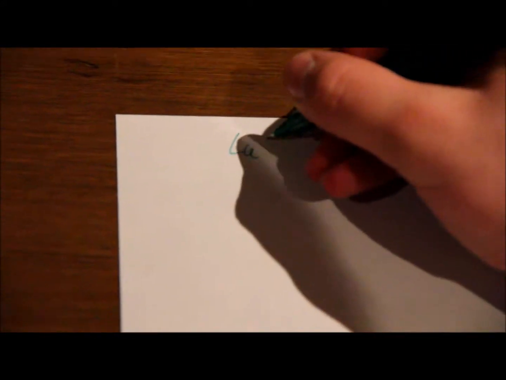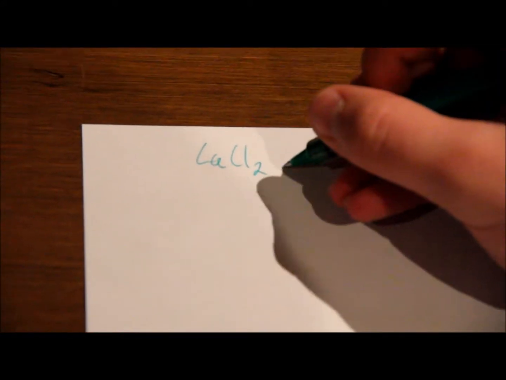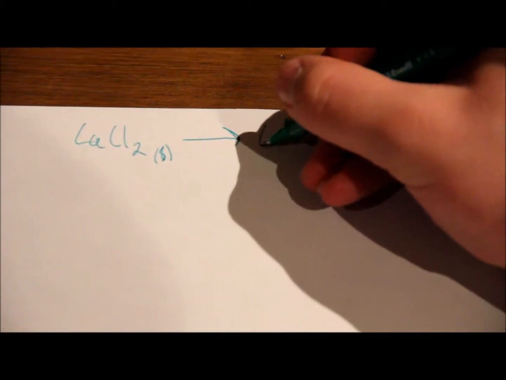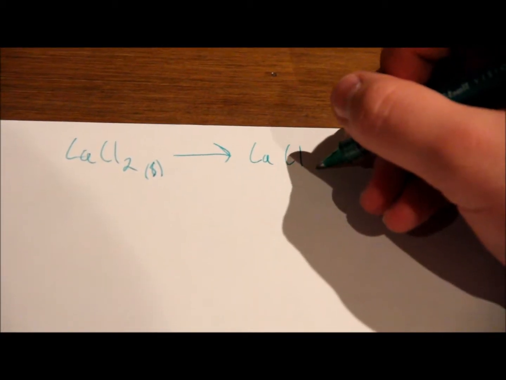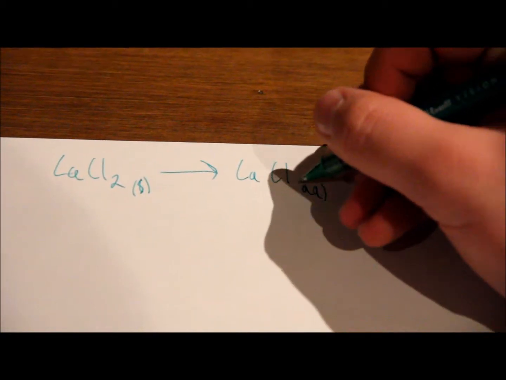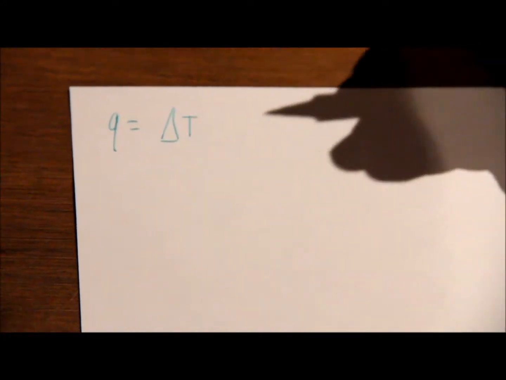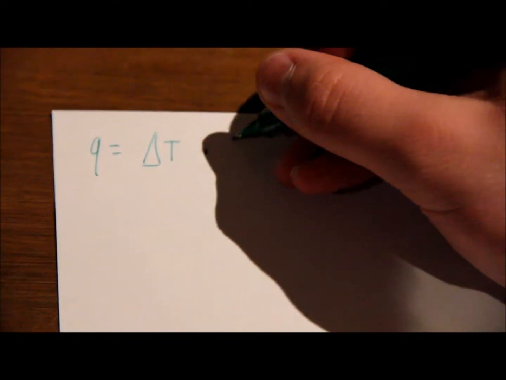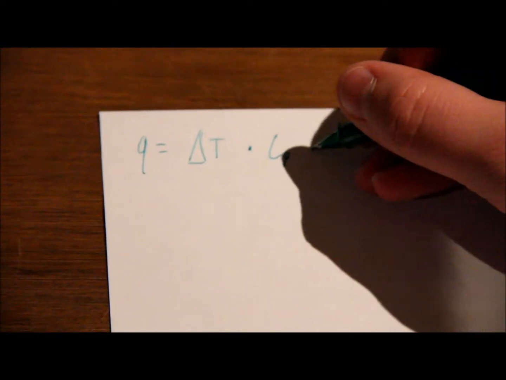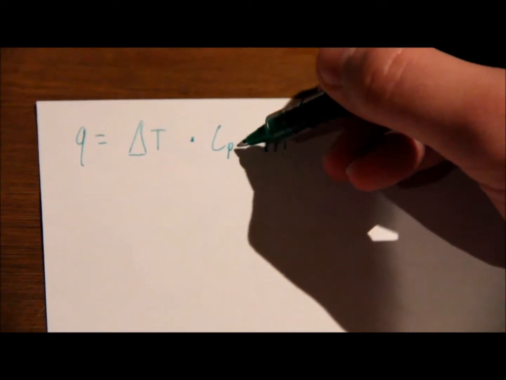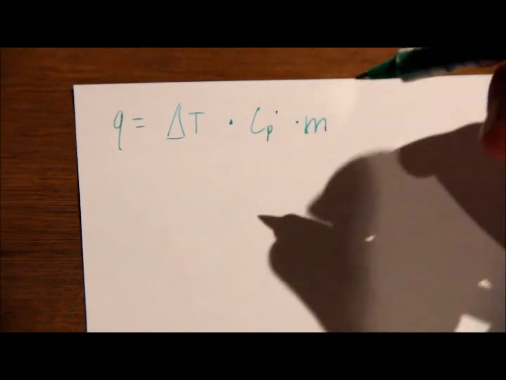All right. Our chemical equation is calcium chloride, solid, yields calcium chloride, aqueous. For our equation, we have enthalpy equal to delta T, change in temperature, times specific heat, times mass. This is the specific heat of the surroundings, so water in this case.